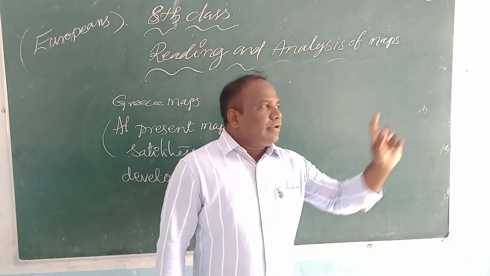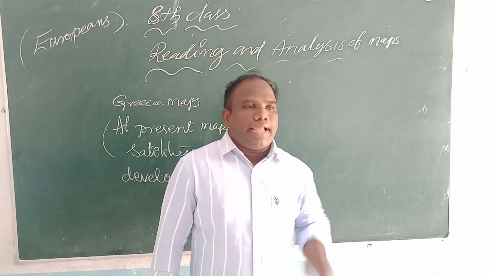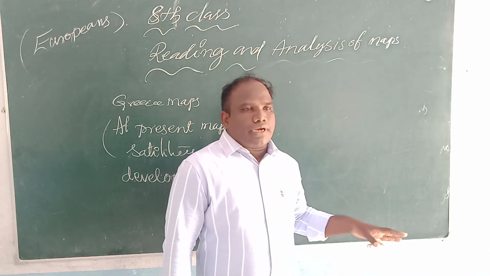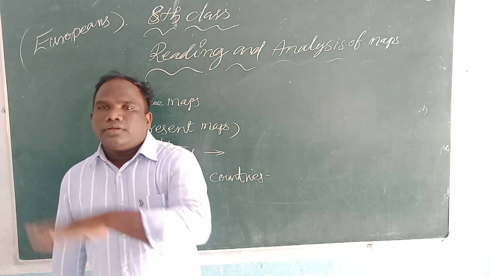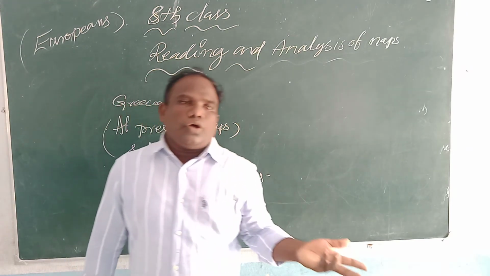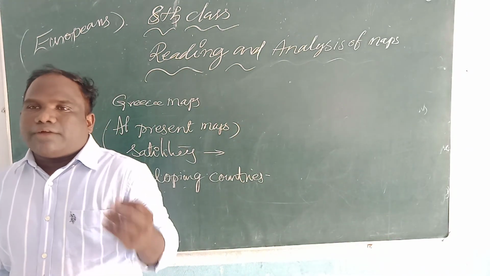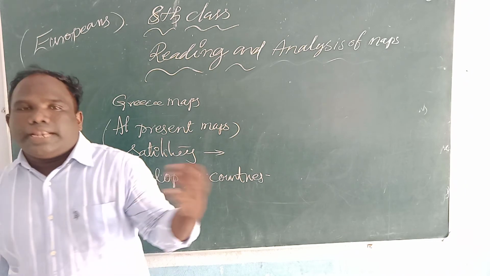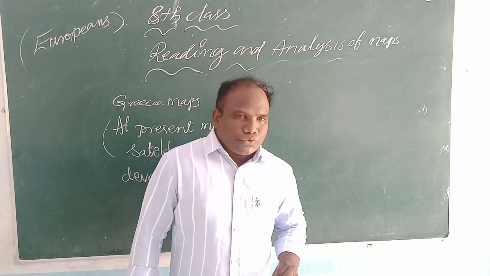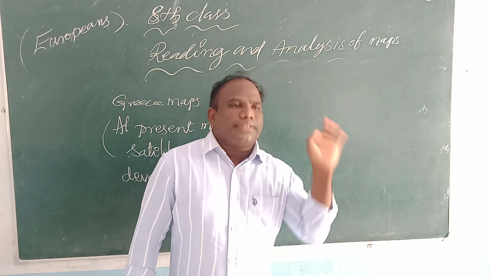A grid is a network of latitude and longitude. In the Greek period they calculated with the help of latitude and longitude and the help of sailors.